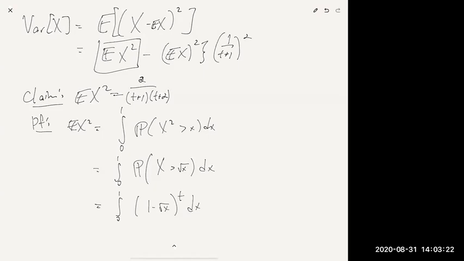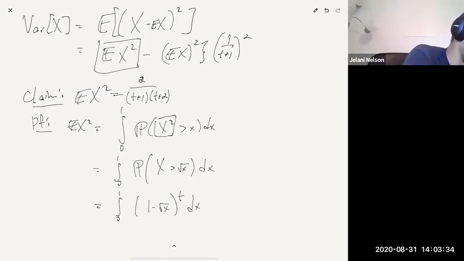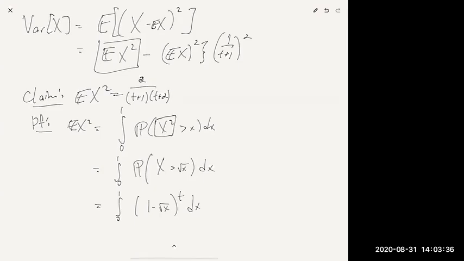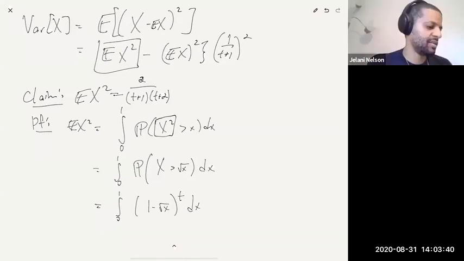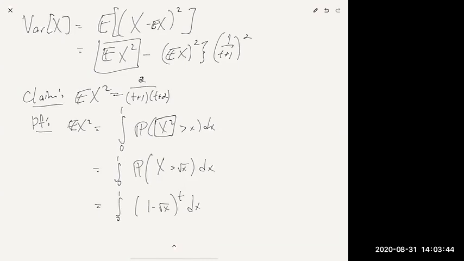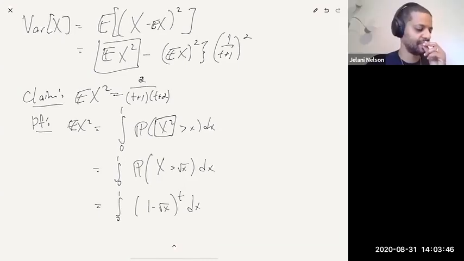Okay. You're missing a square sign on the first line of the proof. A square sign? It should be the probability of x squared is larger than x. The other term? What do you mean, the other term? No, this is correct.